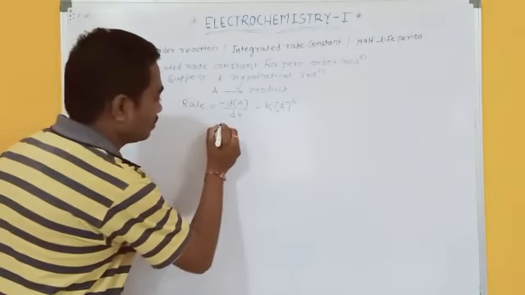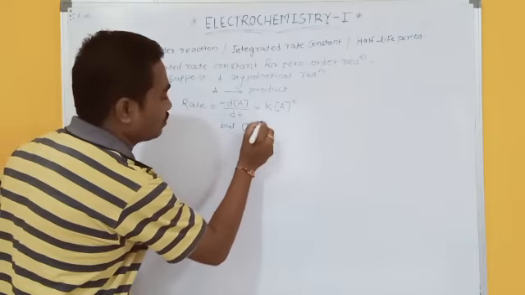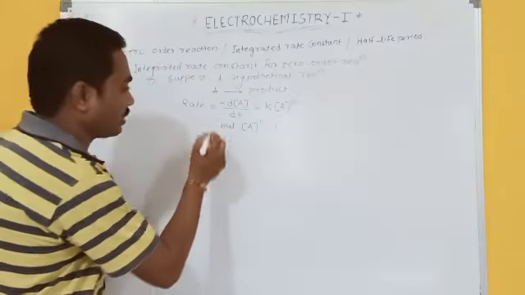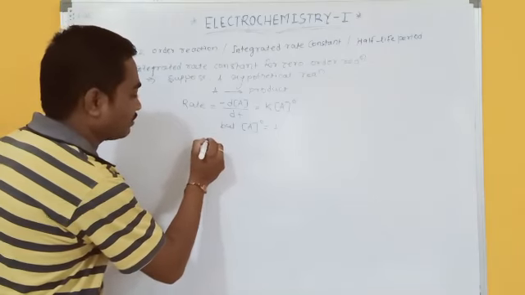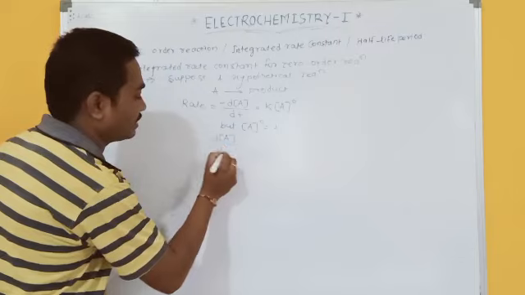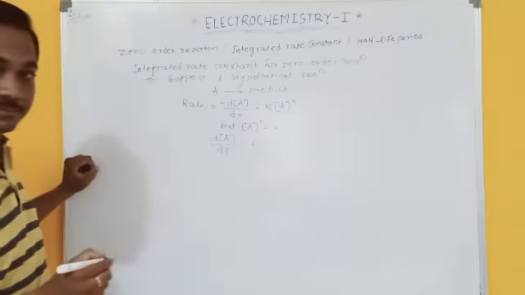But we know that A raised to power 0 means 1. Then put this value in the above equation, then the above equation becomes minus d concentration of A divided by dt is equal to K.